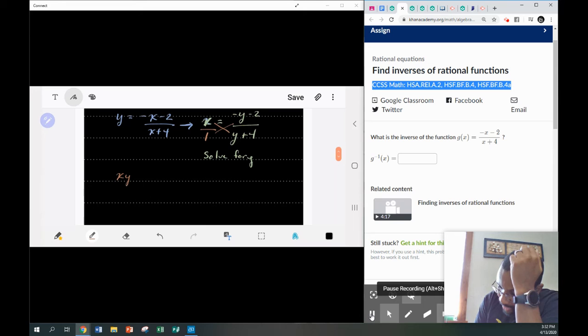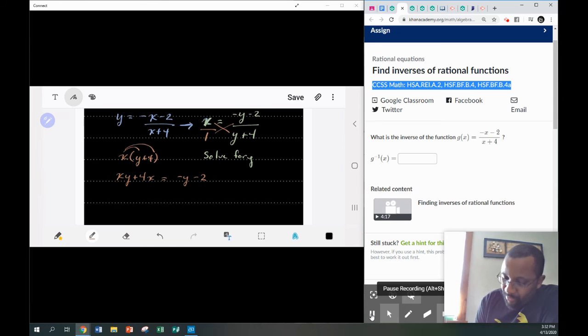X times y plus 4x. I want to make sure you know where I got that from. That comes from doing x times y plus 4. Once I use the distributive property, this is what I get. And on the other side, that's going to equal negative y minus 2.